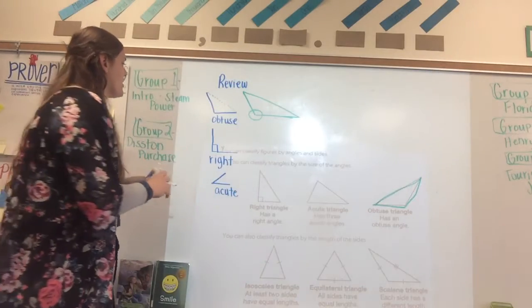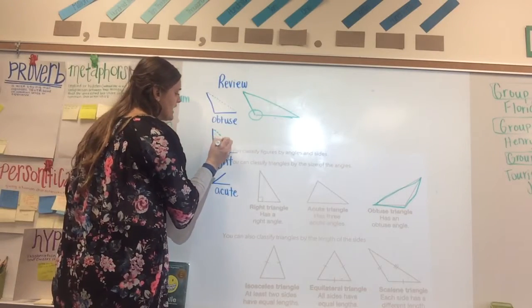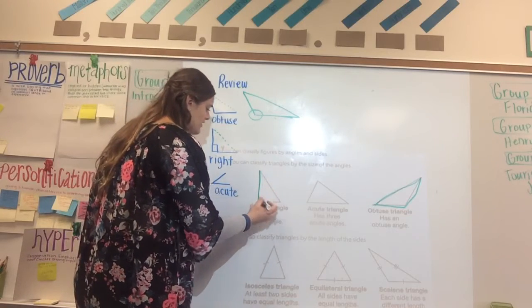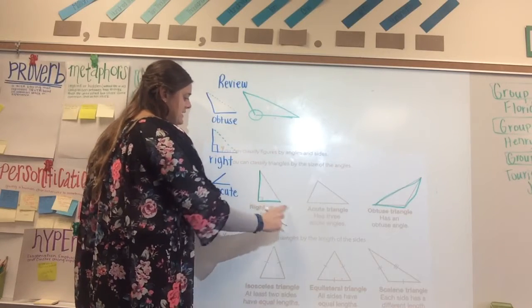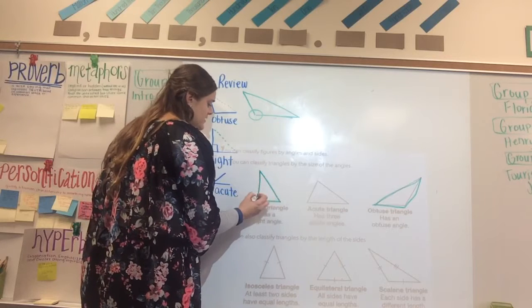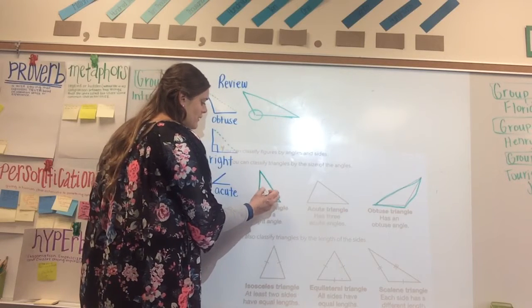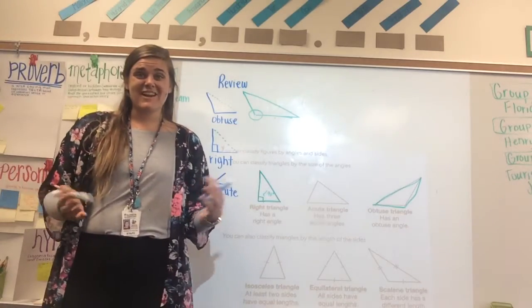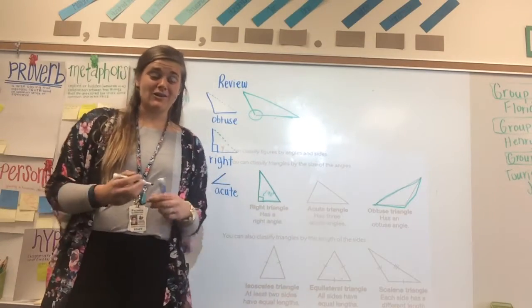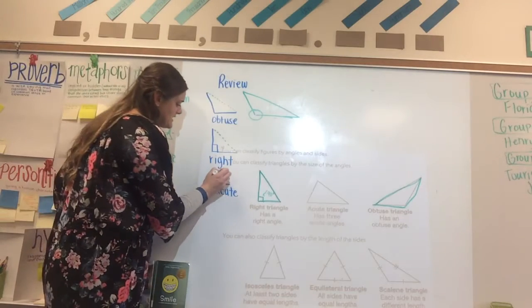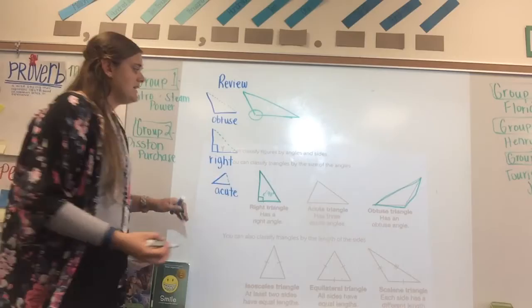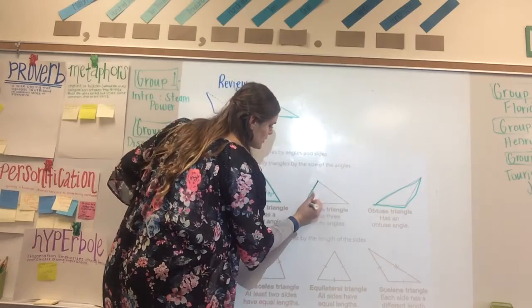We can also name a triangle by a right triangle. So if I attach the line segment to this triangle, I create a right triangle because it makes a perfect 90-degree angle, and we know it because of this square. This square tells us that it's 90 degrees. Because it has a right angle, it's called a right triangle. Now if I connect this triangle here with a line segment, this one is called an acute triangle.